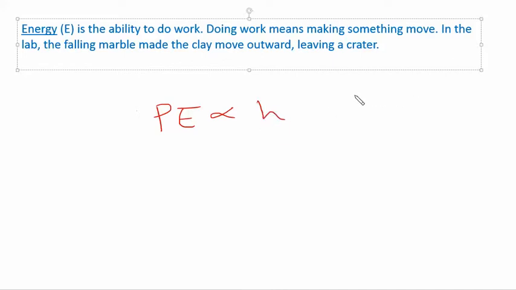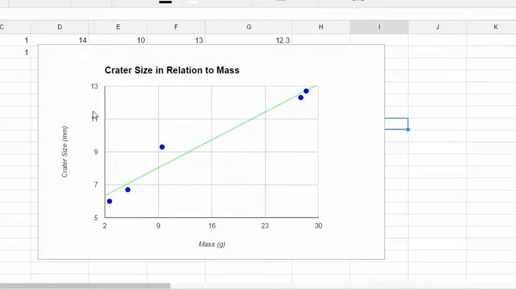And we know that because of the shape of the graph, looking like this, because we had height here on the horizontal, and essentially work done in creating the crater on the vertical, and we see a straight line.